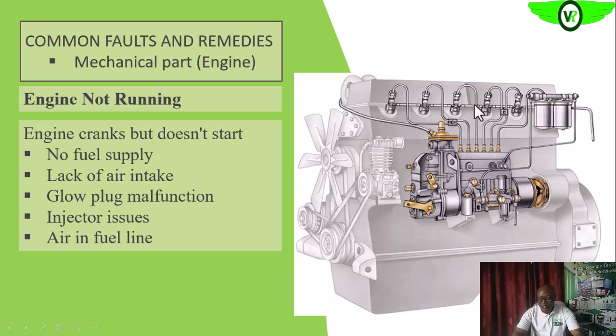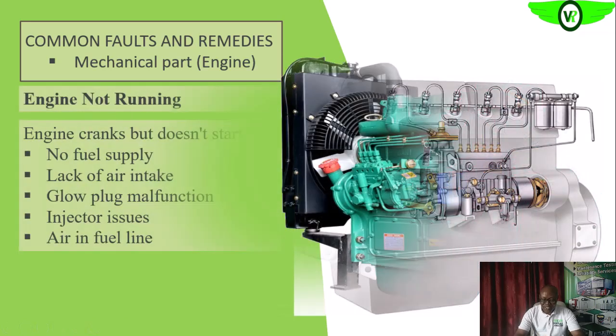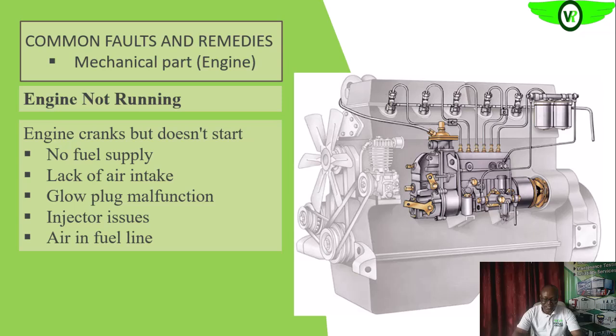So if we also have air on any of these lines, are you getting it? If there is air on any of these lines, it can also affect the starting. So in each of these cases, if there is no fuel supply, you check if you have fuel in the tank.